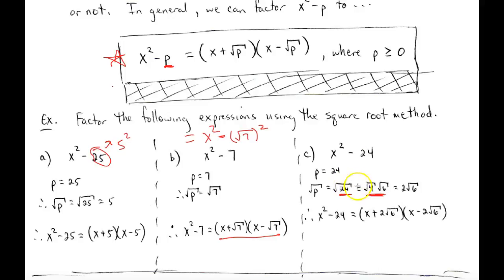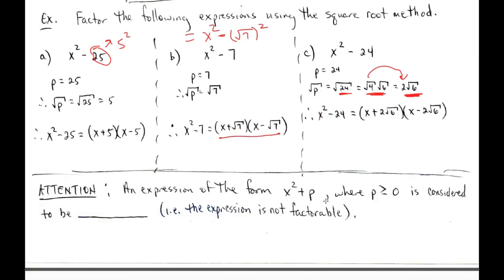We can break this down as the square root of 4 times the square root of 6, and the square root of 4 is just 2. So this is the square root of 24 in its most simplified form. Thus, if we wanted to factor that, it would be x plus 2 times the square root of 6 times x minus 2 times the square root of 6. That'll pretty much be the same.